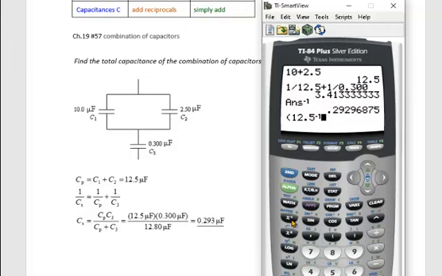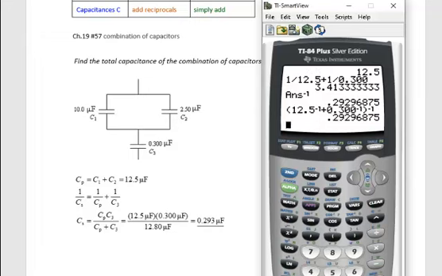That's the alternative to 1 divided by 12.5, it means the same thing, plus the other one, 0.300 to the -1, close the parentheses, and now instead of hitting enter and getting that 3.41 that you see there as the intermediate result, I hit to the -1 again, because that gives me yet again the reciprocal of that, and that's a quicker way of doing it. So 0.293. All right, let's go on to the next problem.